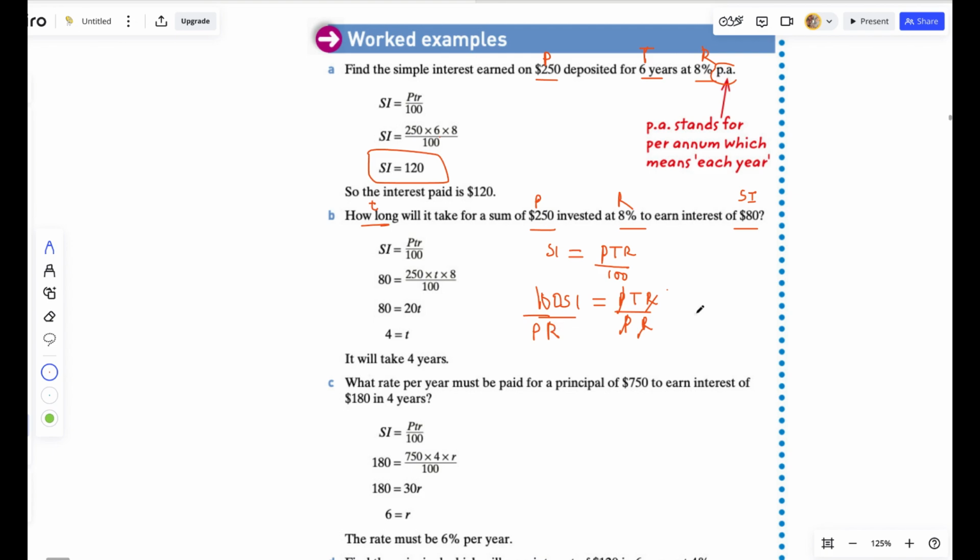So what you get is 100 times the interest. The interest was 80. So 100 times 80 all over the principal, which is 250, times the rate, which is 8.